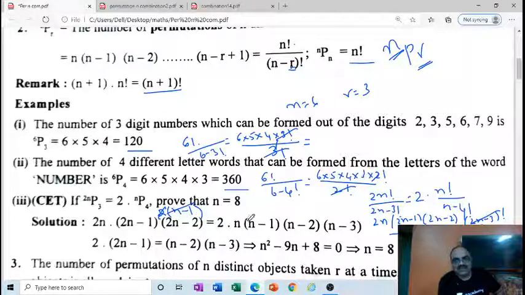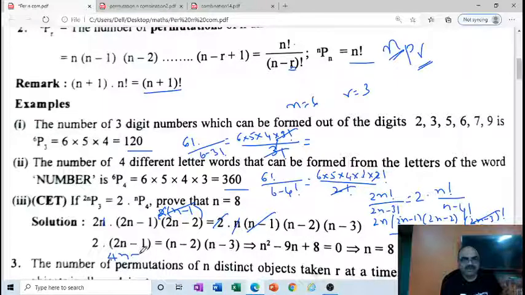This I will cancel with what is on the right hand side. Now see what's remaining. 2 into 2n minus 1 is remaining on the left hand side. On the right hand side, n minus 2 and n minus 3 is remaining. Multiply this.